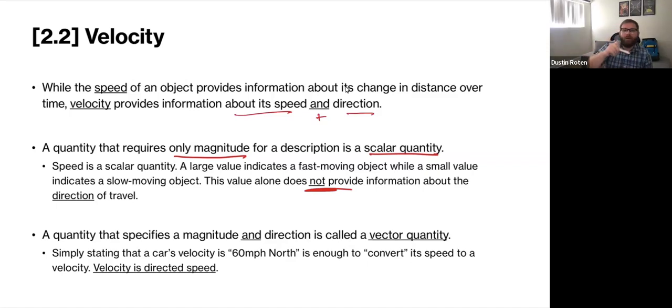Now, if we have a quantity that specifies both a magnitude, so how much it is, and direction, so I'm going to write that here, how much? Now if we have both, that is a vector quantity.